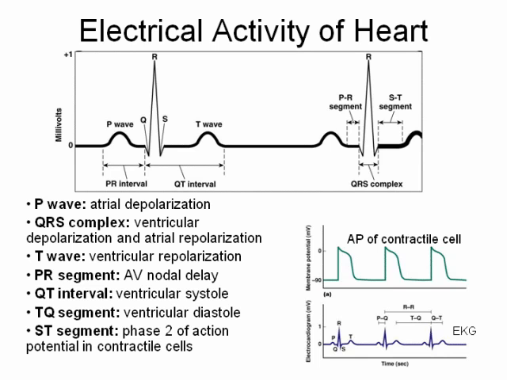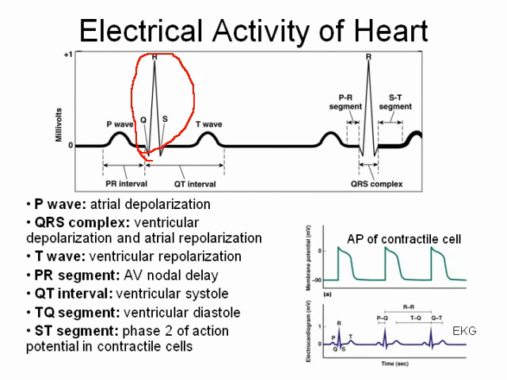If you remember, we talked before in a previous lecture about the fact that there is a slight delay of about 1/10 of a second in terms of the depolarization moving through the AV node. That is represented here by this flat line, which in fact we call the PR segment. So this represents the AV nodal delay.